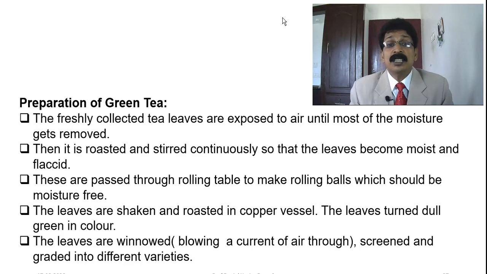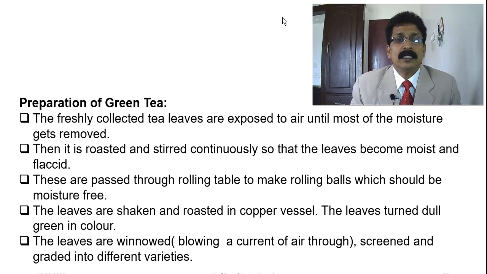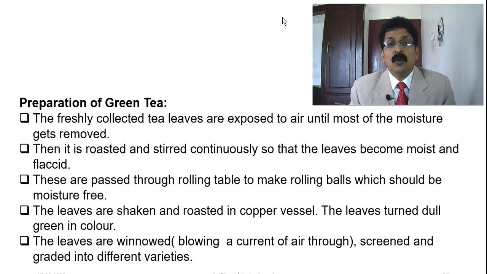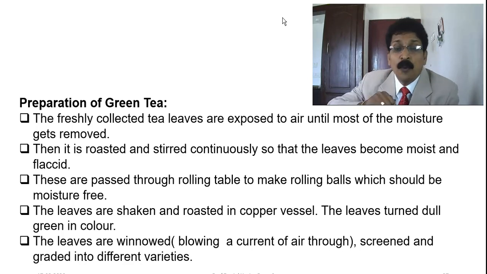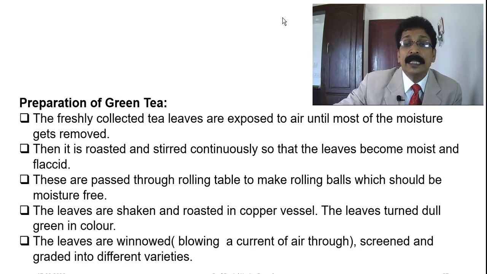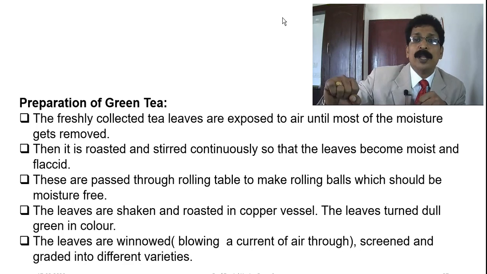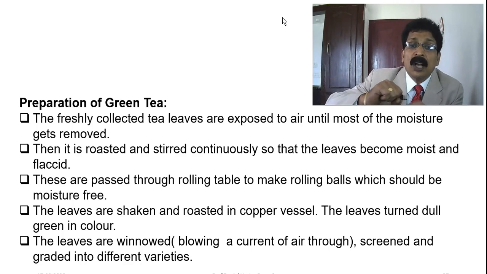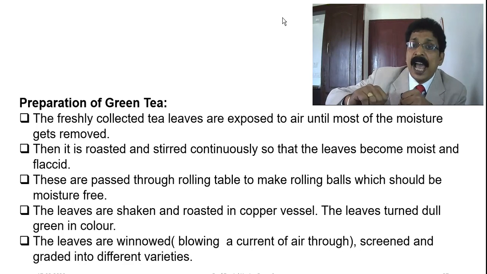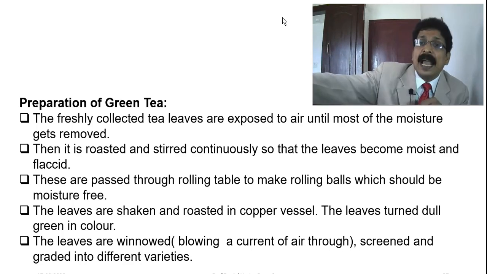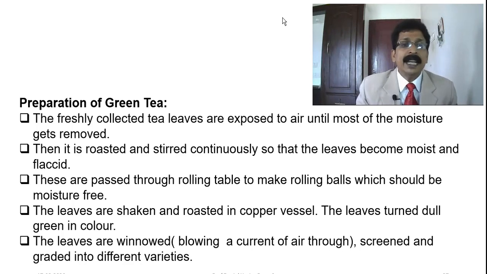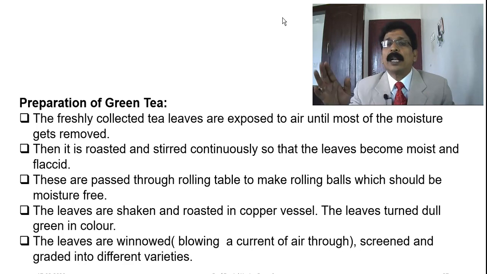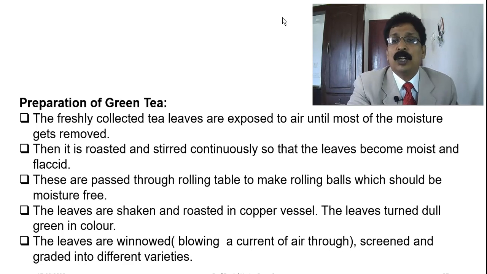The leaves turn dull green in color, and the leaves are winnowed, that means blowing a current of air, fast, smooth air, with force, through the leaves. Then they are screened and graded into different varieties, and can be transported or go to the marketing area.